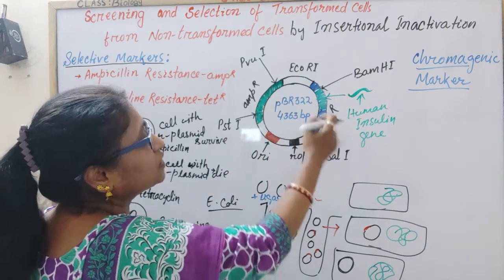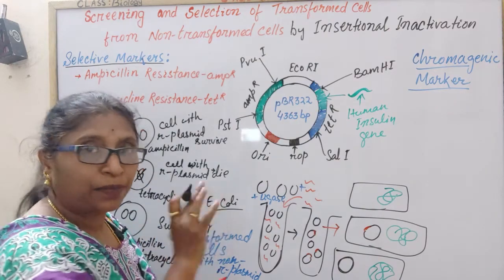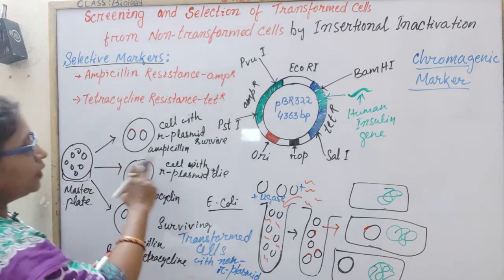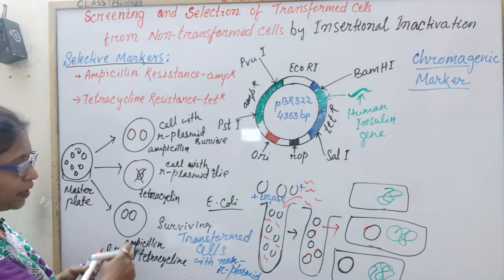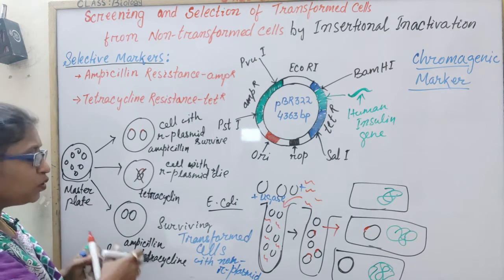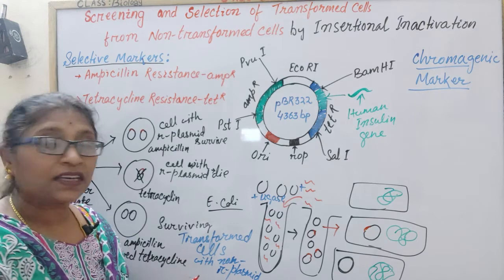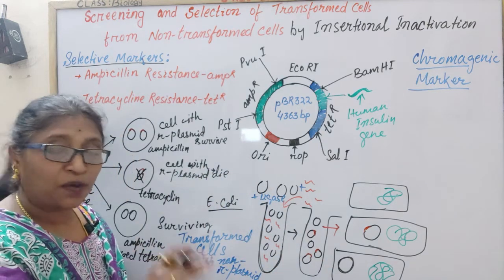Suppose the human insulin gene is inserted into the tetracycline marker gene, the selective marker. These are called selective markers. For selection it is used. And one tray contains ampicillin, one tetracycline, one with both. In both, those that are surviving, that colony definitely is the normal plasmid without recombinant.